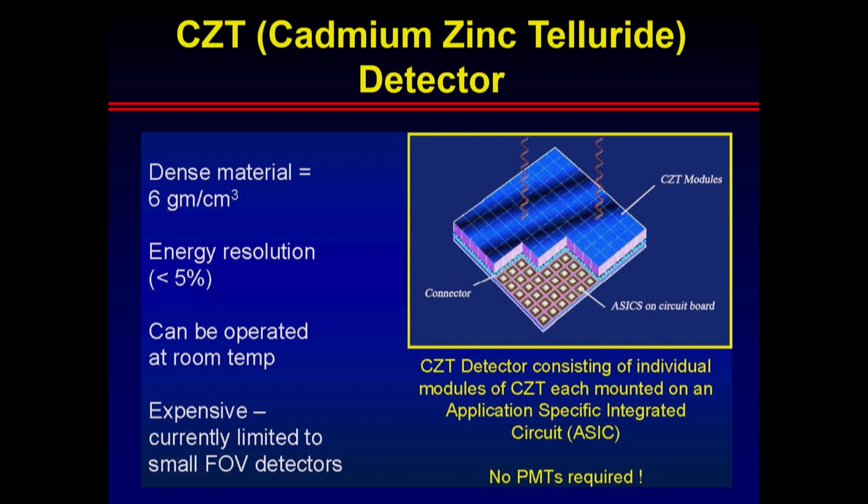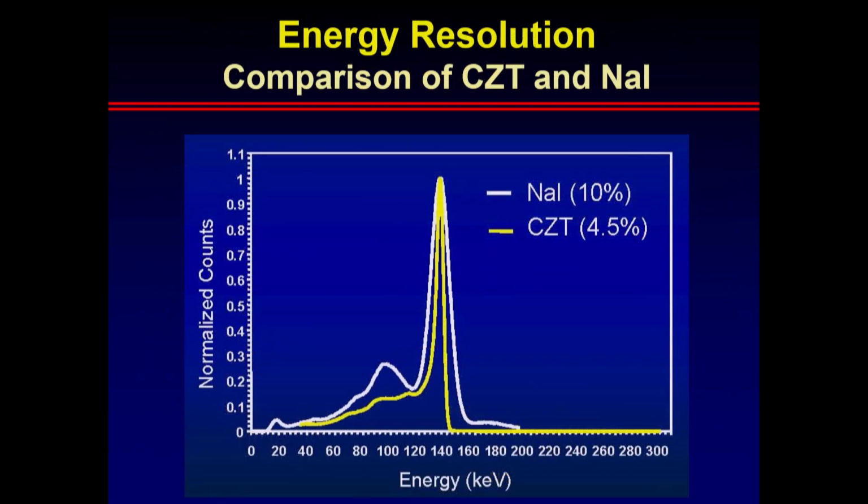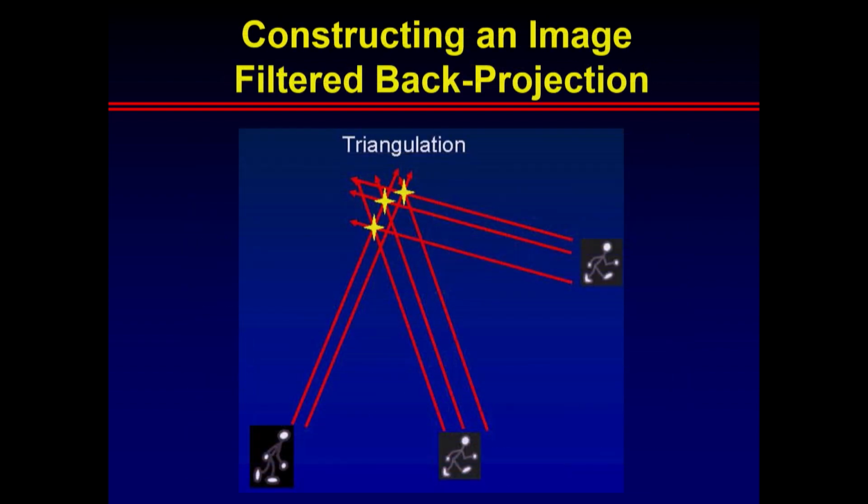So from that particular point of view, they're much better. This is just looking at a typical energy resolution curve, and you can see with thallium-doped sodium iodide crystal, you have about a 10% sway in energy resolution, whereas with CZT it's like 4.5, which is really, really good in terms of being able to detect proper photons.